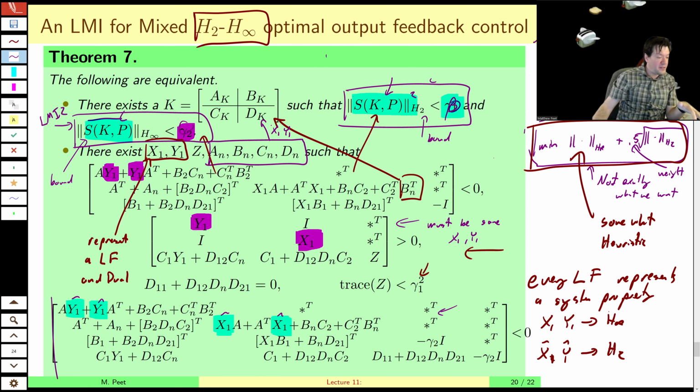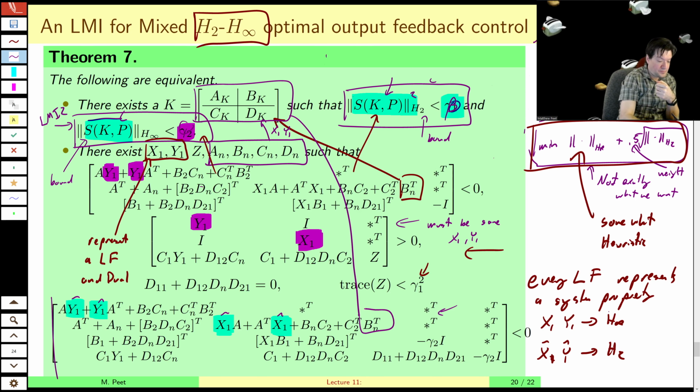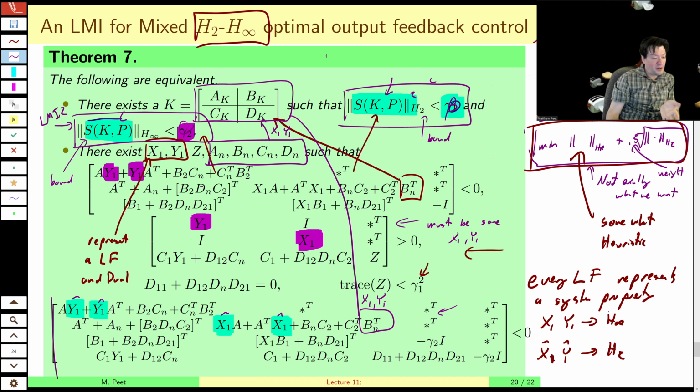And so we can't have different controllers for the H2 norm and for the H-infinity norm. We can't have a different controller, AN, BN, CN, DN, for each one. These have to be the same controllers, and hence they have to be related back to AK, BK, CK, and DK through the same set of variables, X1, Y1. So we can't use a different Liapunov function for the H-infinity LMI than we use for the H2 LMI.